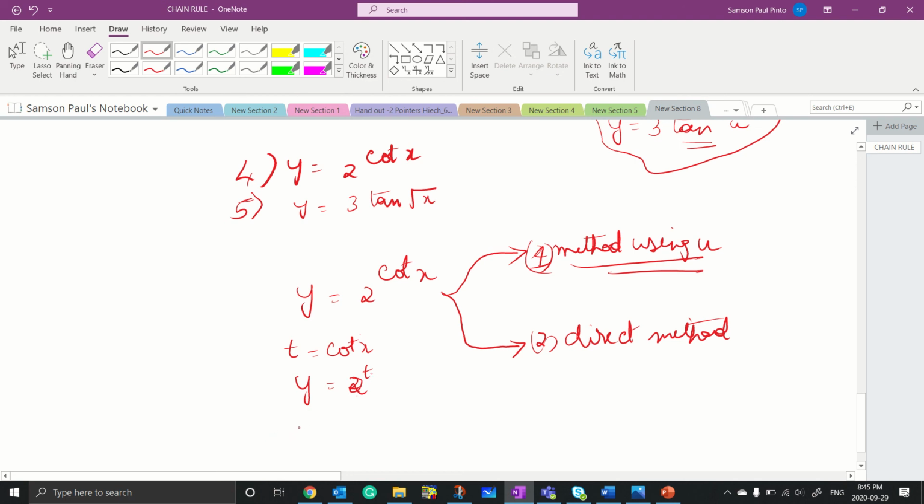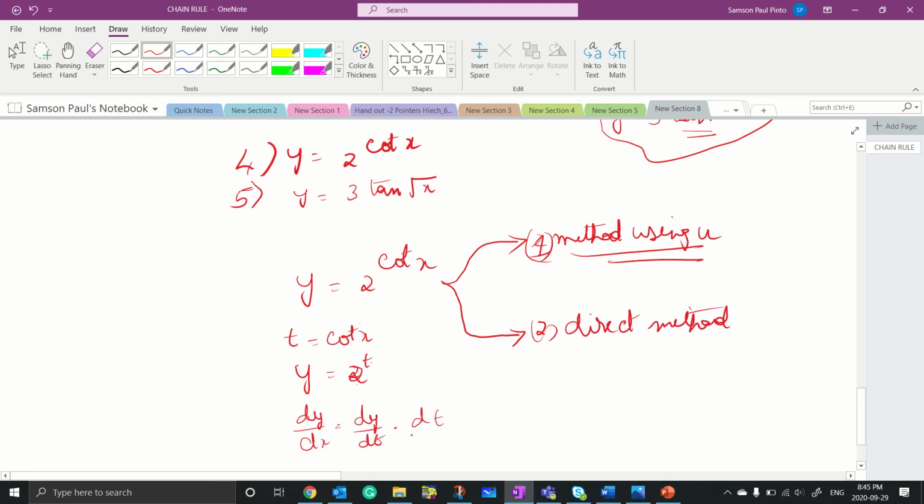So dy by dx is equal to dy by dt times dt by dx. dy by dt is 2 power t log 2, into dt by dx, the differentiation of cot x, which is minus cosecant square x.